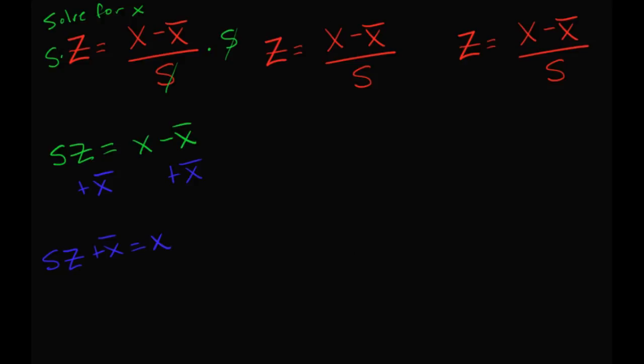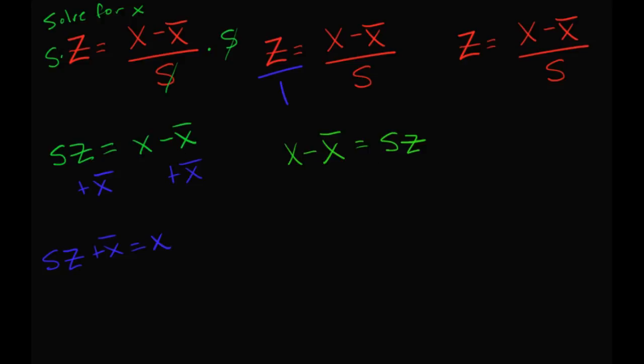So that's one possible way to solve this problem. A second possible way is to put z over 1. And if we put z over 1, we can cross multiply. So if I cross multiply here, I get x minus x bar. If I cross multiply here, we get s times z. Notice that this equation and this equation are exactly the same.